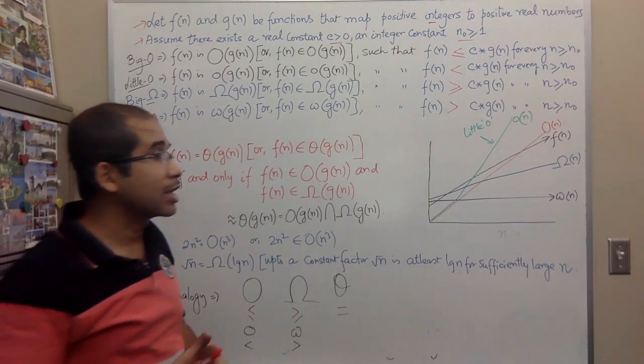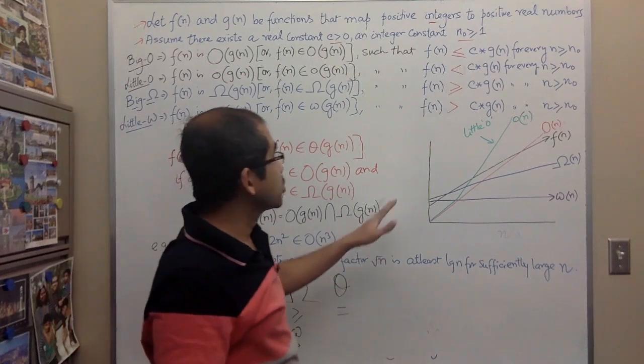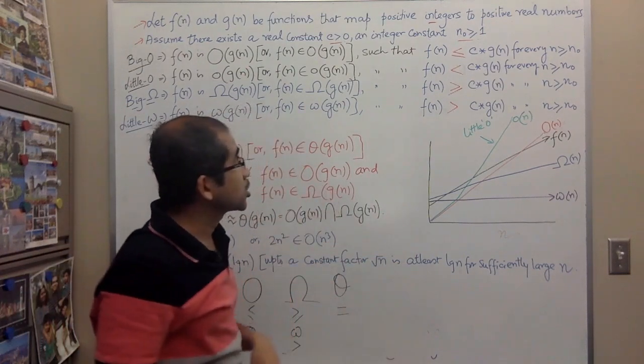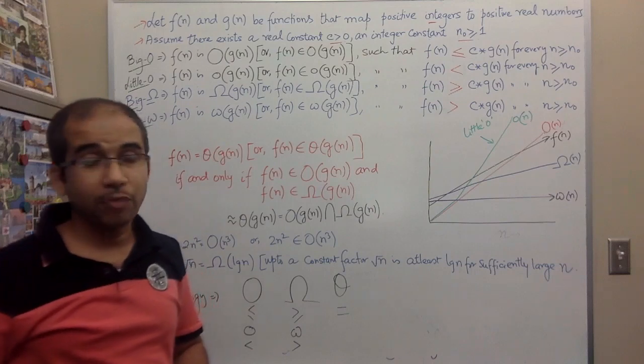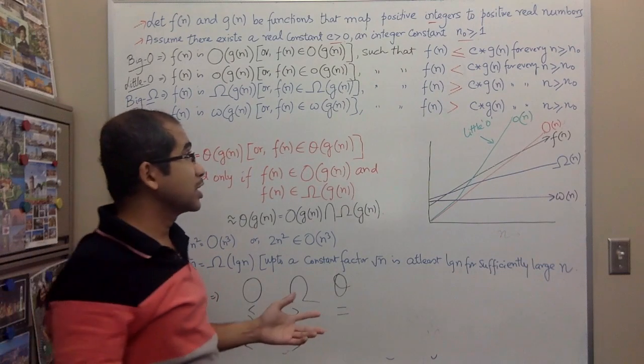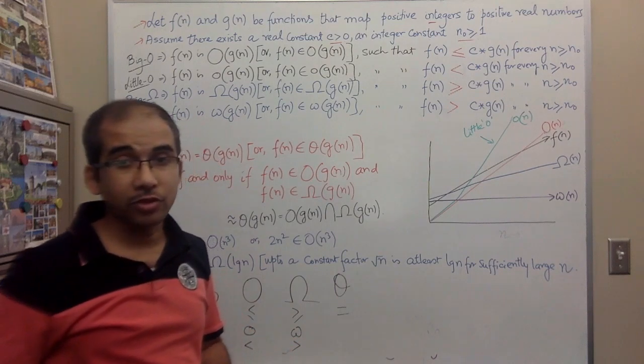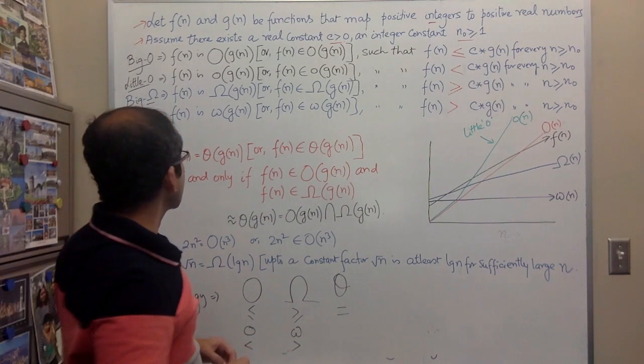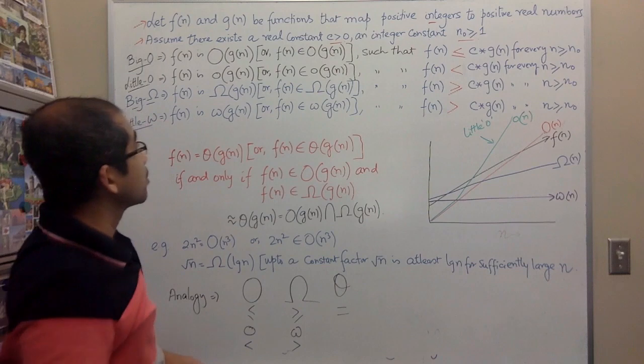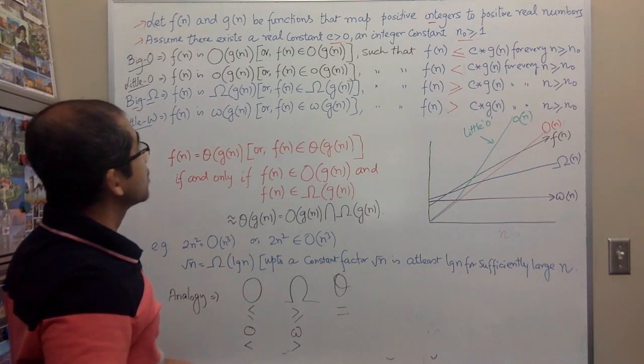Because for asymptotic analysis the functions have to be asymptotically positive. That means for sufficiently large n they should produce positive values. Okay, so that's why asymptotic analysis needs positive functions.